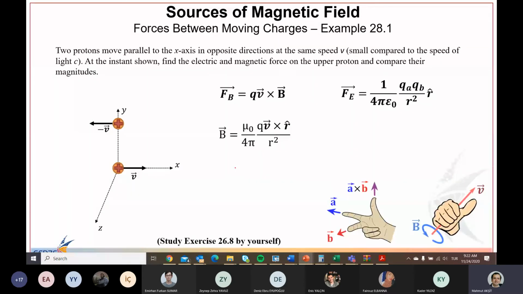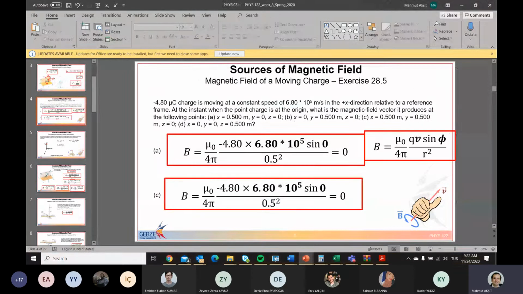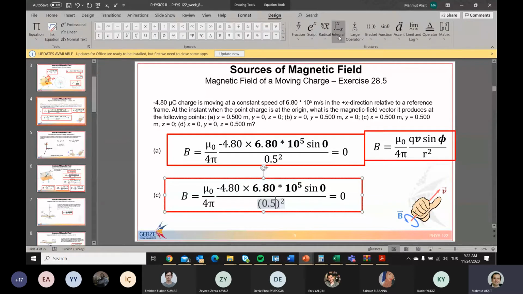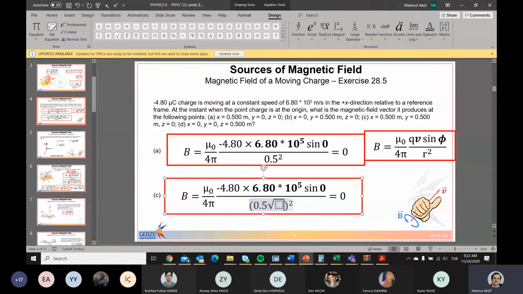So when we go back here, it's going to be the square of 0.5 square root 2 sine 45.